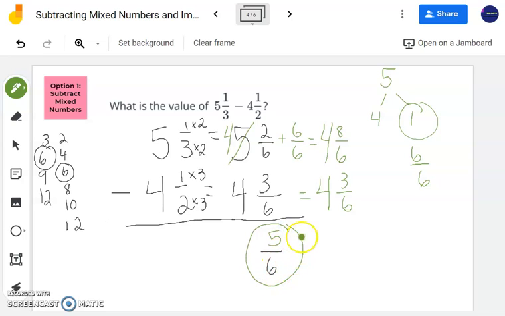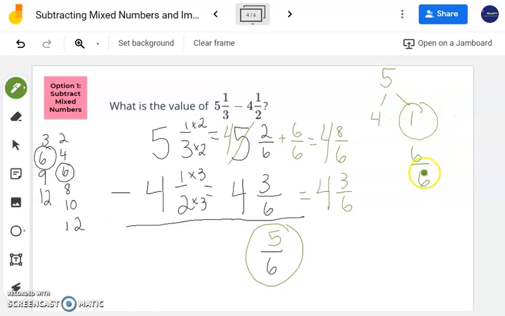Now let's say my final answer looked like a mixed number with an improper fraction in it, then you would convert it again and change it. But that step of changing this here now to a mixed number with an improper fraction is used to help us solve this problem. When you have to borrow, again, borrow from the whole number, take that 1. And notice I rewrote that 1 in another format.